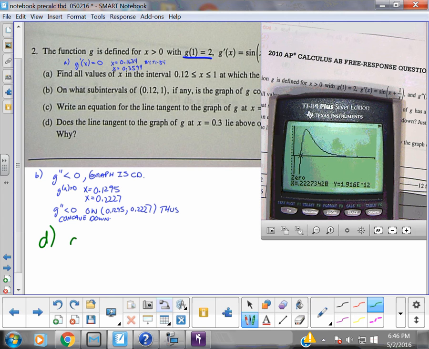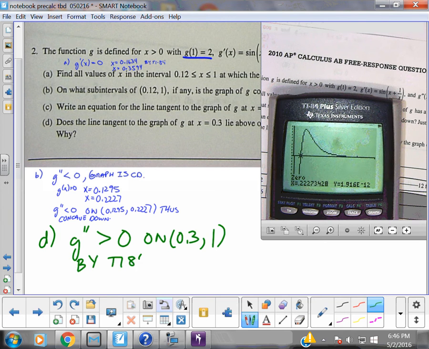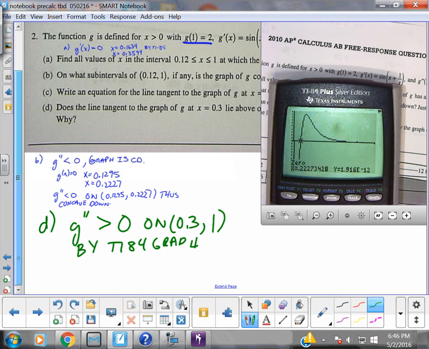So I would write G prime prime x is greater than 0 on 0.3 comma 1, and I probably write my TI-84 graph. Thus concave up. So that means the curve's above.